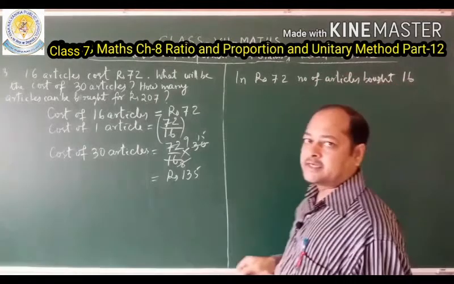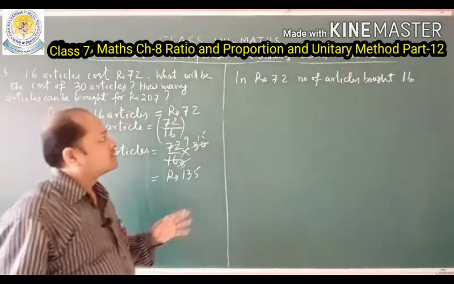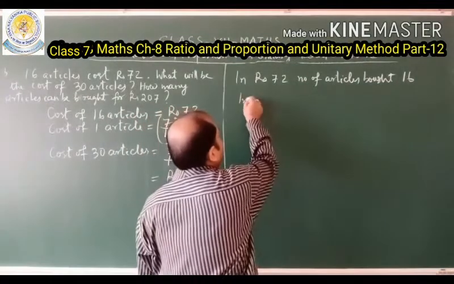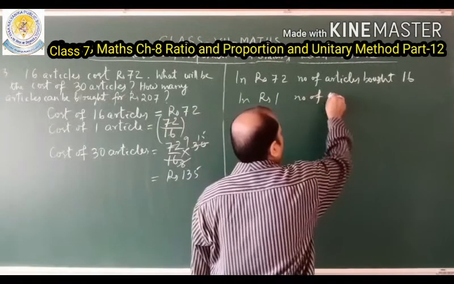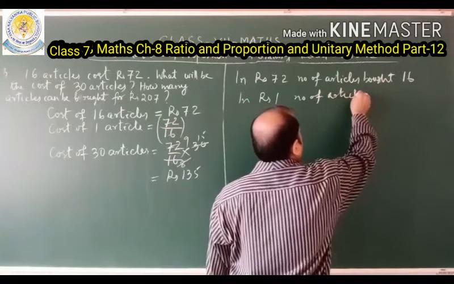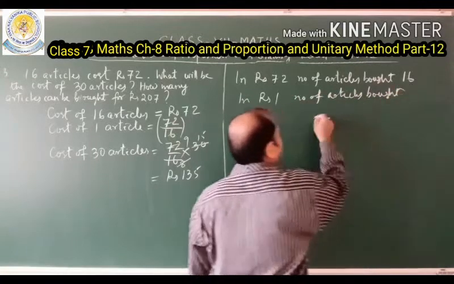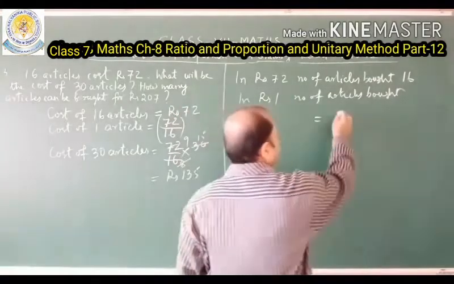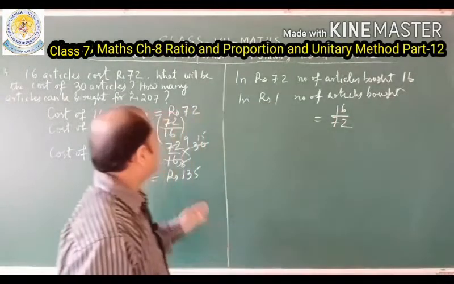So in 72 rupees, number of articles bought is 16. By the unitary method, in 1 rupee, the number of articles bought equals 16 divided by 72. And what is the required quantity?